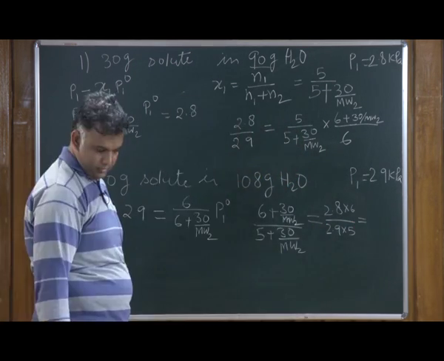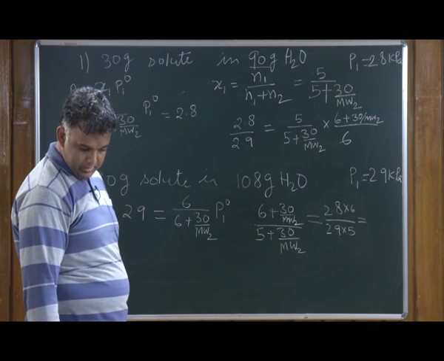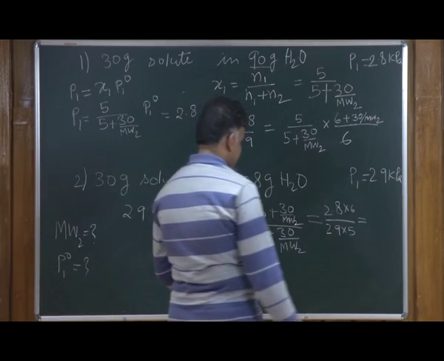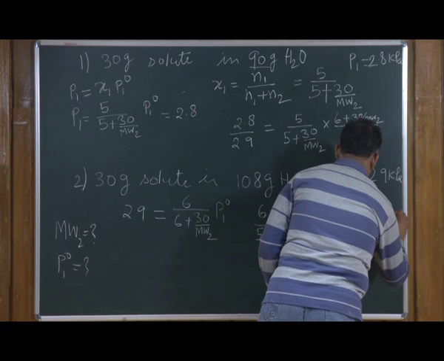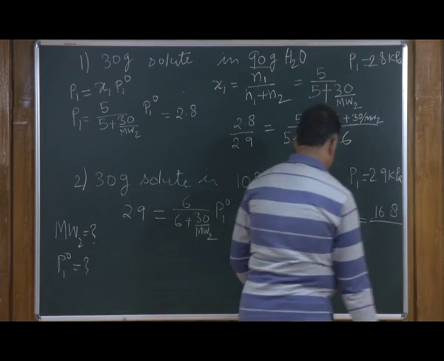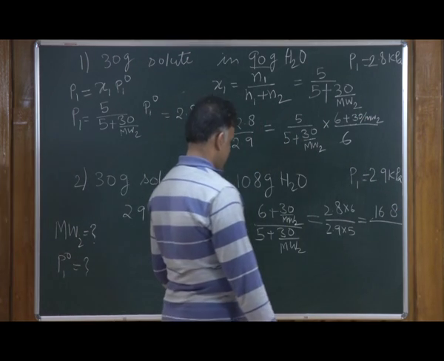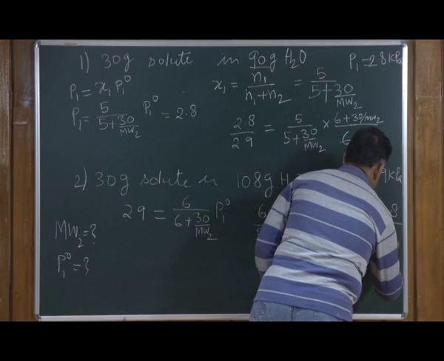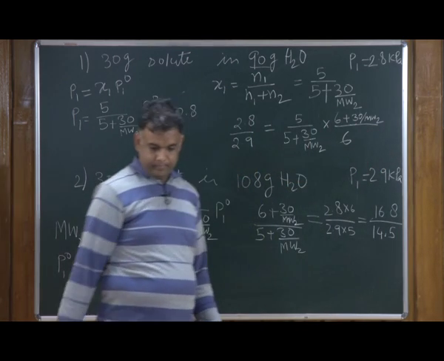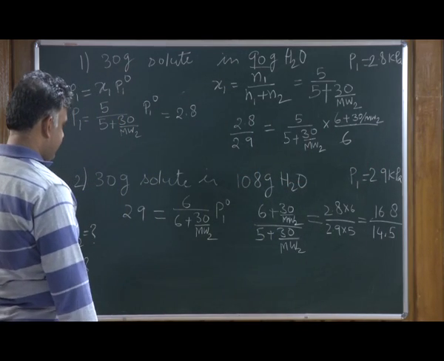And this is 2.8 multiplied by 6, 16.8, and 2.9 multiplied by 5, that is 14.5. Okay.